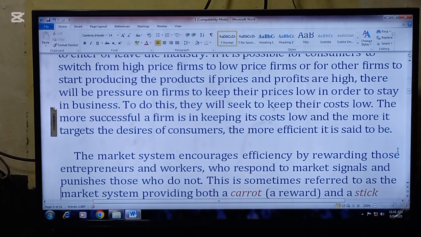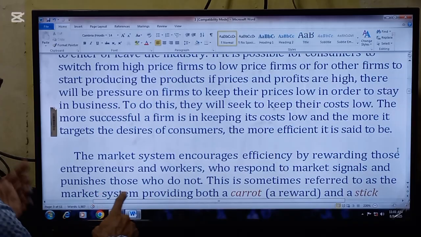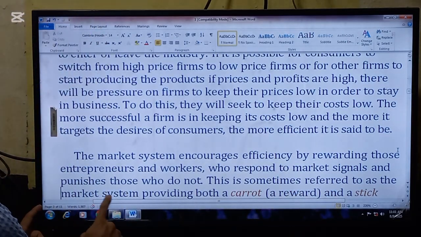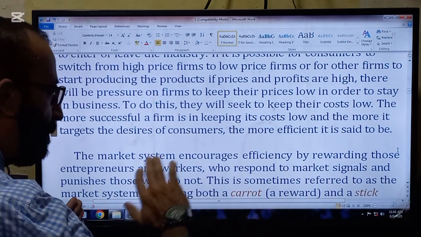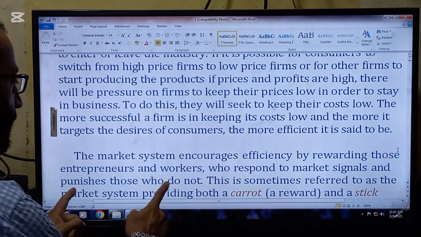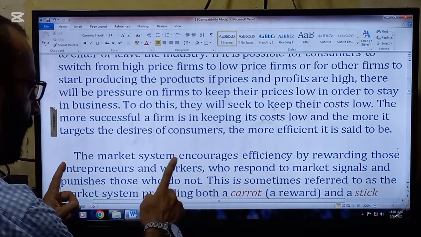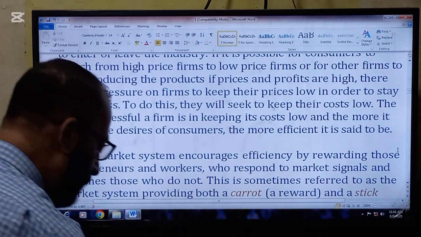The market system encourages efficiency by rewarding those entrepreneurs and workers who respond to market signals, and punishes those who do not. Those who do not will be pushed out of the market, and the persons who actually target the desires of the consumers and keep their prices as low as possible will be more efficient.